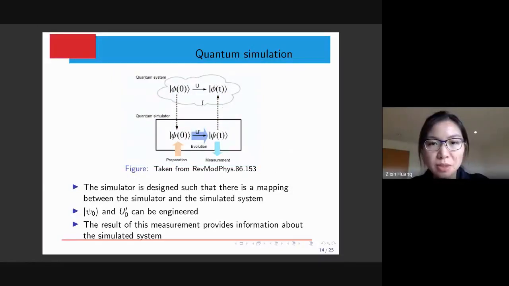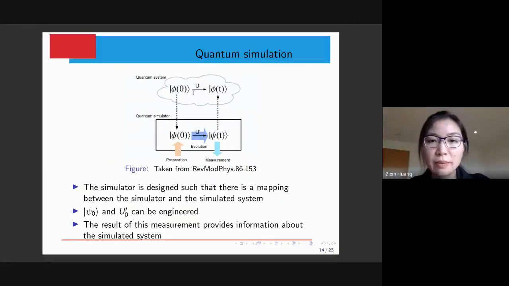Let's say this particular quantum system you are interested in, but you don't necessarily have control over. So what you would do is take a quantum simulator that's prepared in some initial state. There is a unitary evolution that you can engineer, and there is a final state which you can measure. The simulator is designed such that there is a mapping between the simulator and the simulated system. You have knowledge of the initial states, so you can prepare an initial state in your simulator.